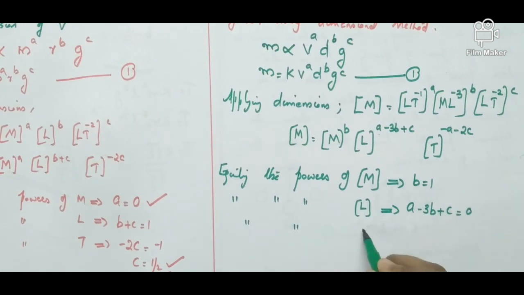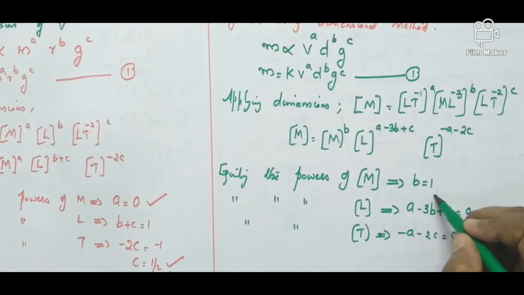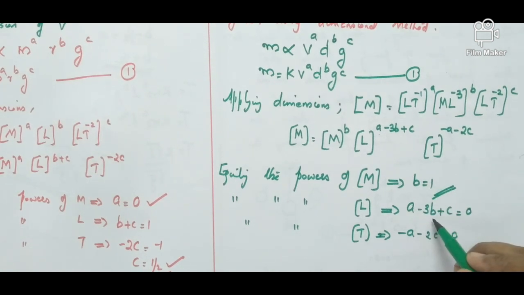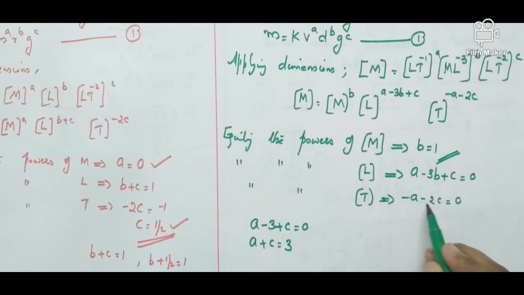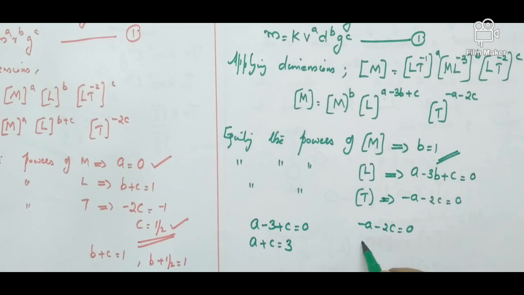Again equating the powers of time, minus a minus 2c equal to 0. So we got b equal to 1. Substituting in this equation, a minus 3 plus c equal to 0, or a plus c is equal to 3. From minus a minus 2c equal to 0, what is a? a equal to minus 2c.